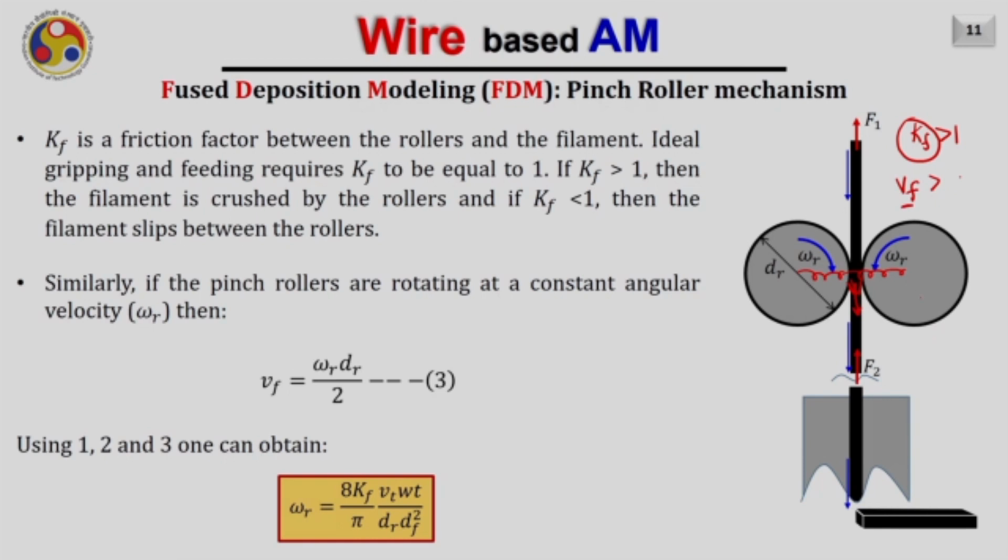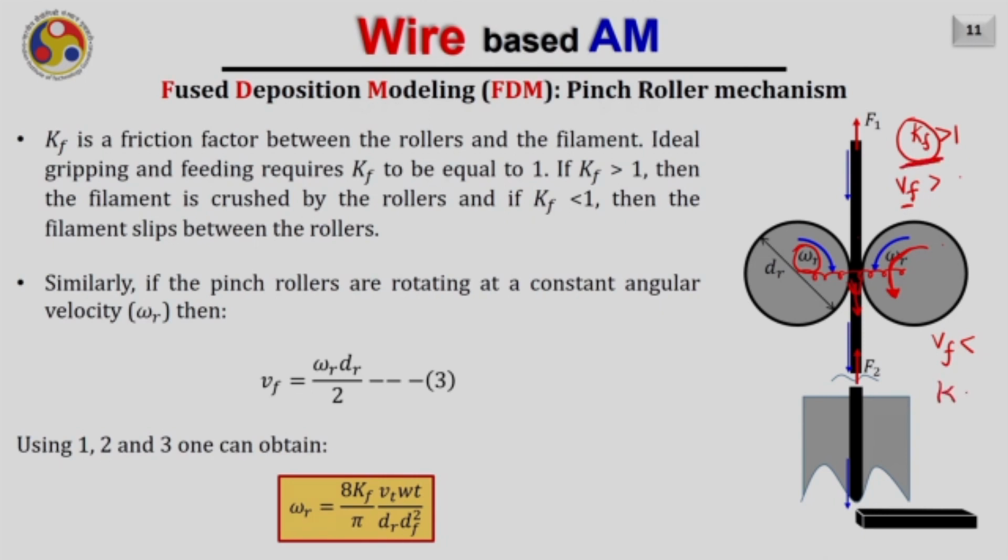As the velocity will be higher, this correction factor or friction factor Kf will be greater than 1. Also, if there is a slip, for example, this is a roller and, due to insufficient friction between the wire and the rollers, they are getting slipped. In that case, you will not get the exact same velocity of the wire which is transferred by the rollers due to its angular velocity. As a result, Vf will be less than the predicted one, and this will be accommodated by this friction factor Kf.